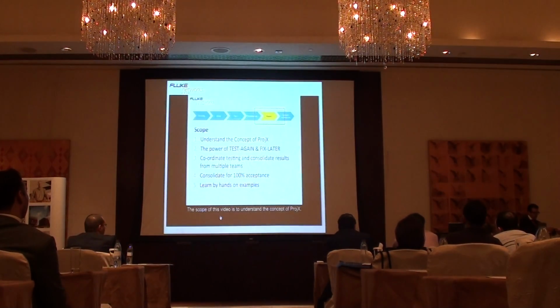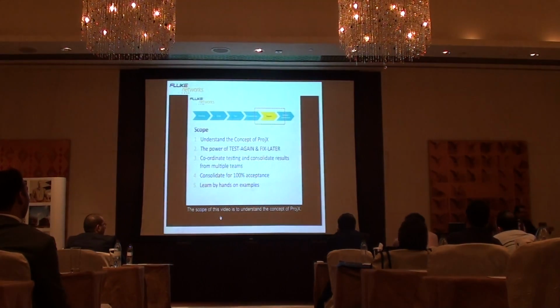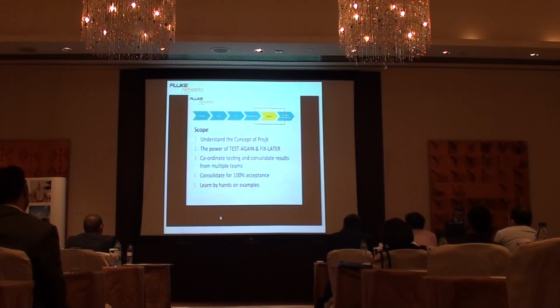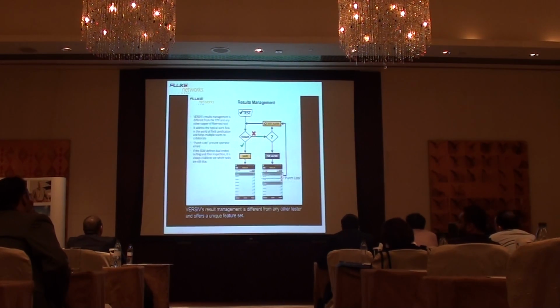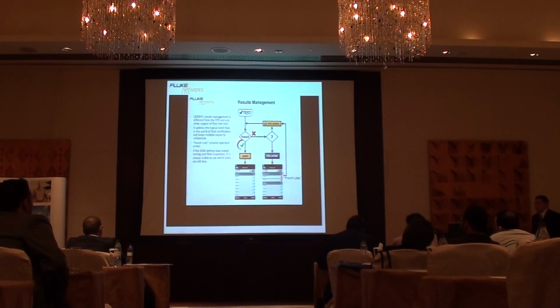The scope of this video is to understand the concept of projects. How to test again and fix later, how to coordinate testing and consolidation of test results from multiple teams, basically how to consolidate for 100% acceptance, and learn by hands-on examples. Versiv's result management is different from any other tester and offers a unique feature set.